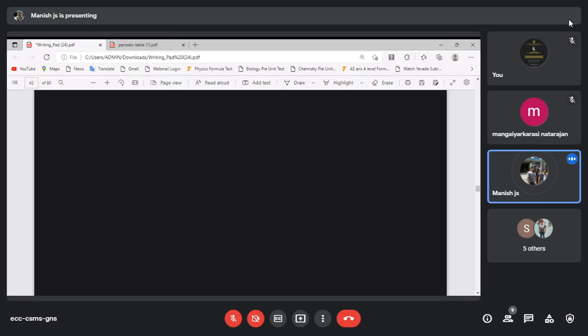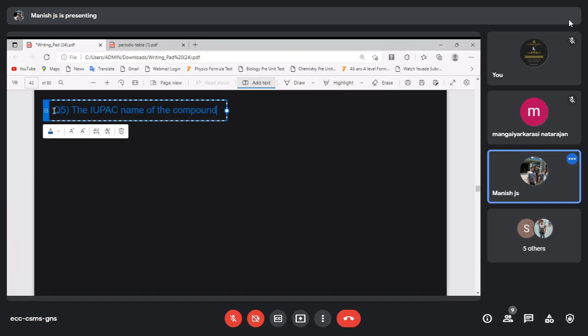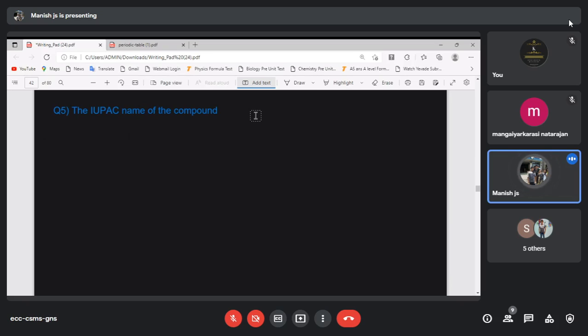Any question? IUPAC name of the compound. Let me draw the compound. Look, and after seeing it, you decide.